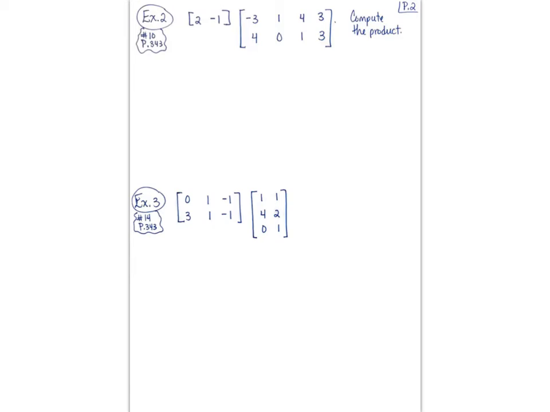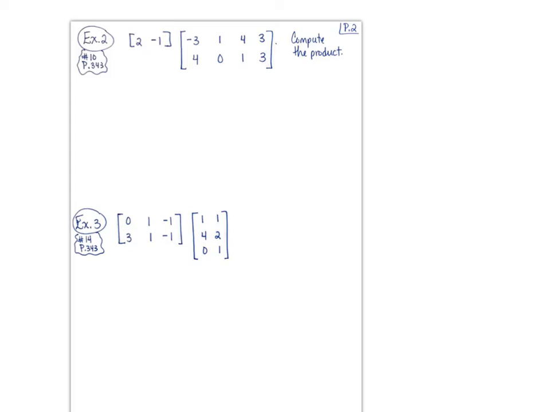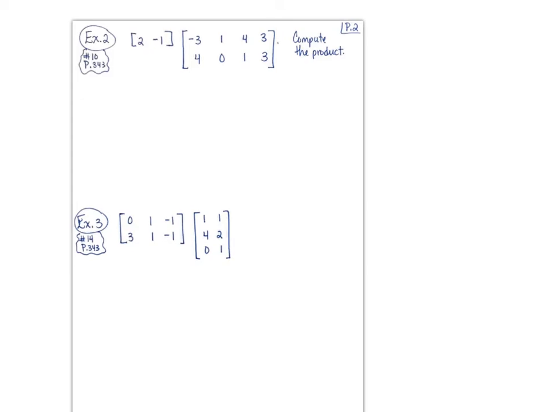All right. Oh, sorry. Your question. Example 2, we want to compute the product for this row matrix by this size 2 by 4 matrix. So, is that possible?